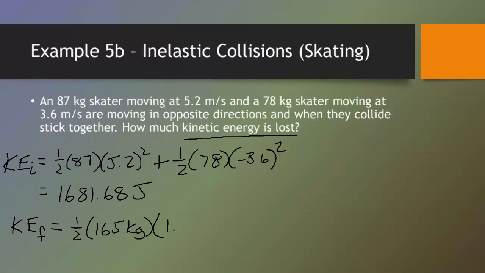Their final velocity was only 1.04, squared. Part of that came about too from the fact that they were traveling in opposite directions. If they collided traveling in the same direction, they probably would have sped up just a little bit.